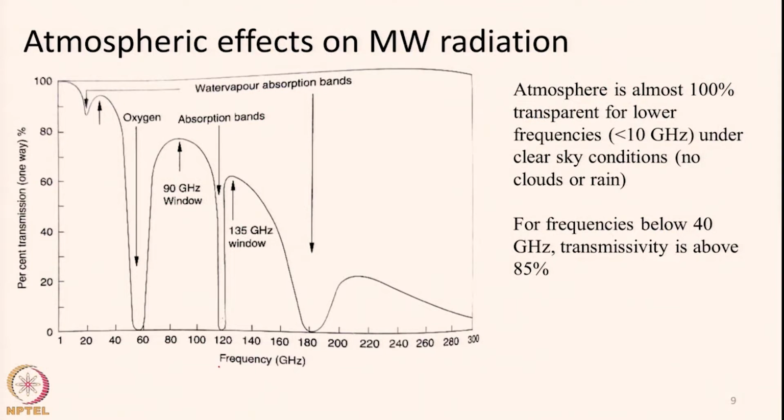Here, on the x axis we have the frequency, and here we have the transmissivity for one way, that is, if this is the earth surface and this is the radiation going out toward the sensor, what is the transmissivity here.